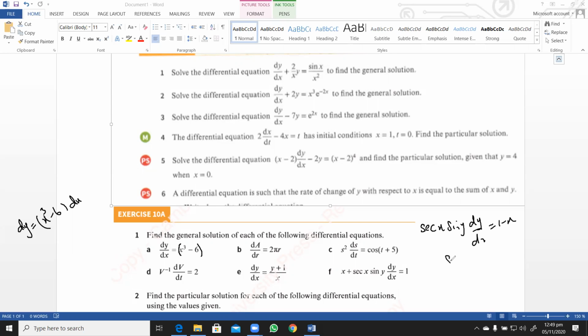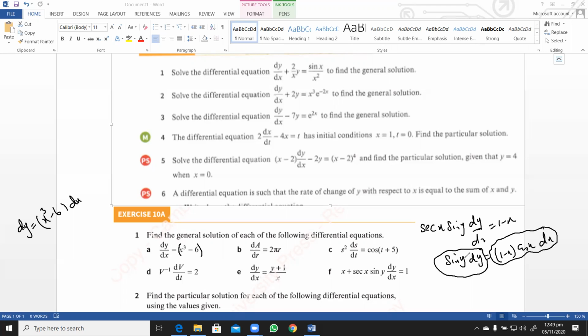Then this becomes sine y dy equals 1 minus x, and this becomes cos x, and then you have the dx. So clearly, one side has all the business in terms of y, and all of the x terms are on the right hand side.